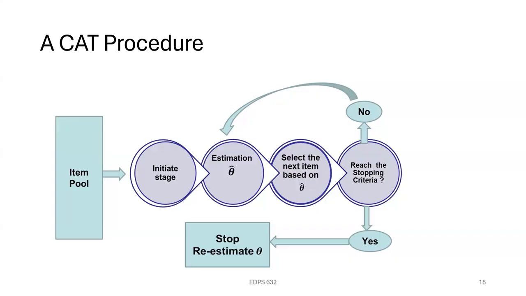And then you check, should we stop? If no, then you select an item again, estimate again, select an item again, estimate again, until you have met the stopping criterion, then you stop. When you stop, you re-estimate for the final ability estimation. So this is the very fundamental component design in computerized adaptive testing.